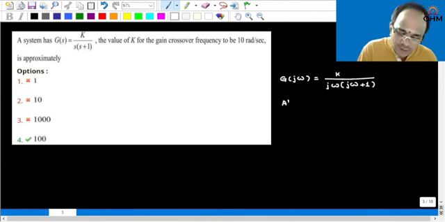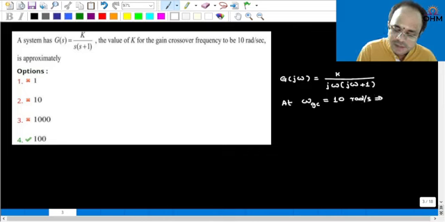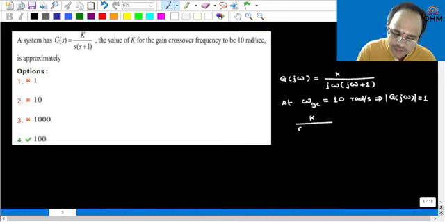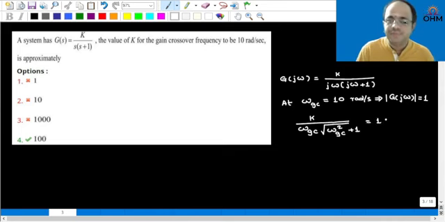As per the definition, the gain crossover frequency is given as 10 radian per second. At this frequency, the magnitude of the transfer function is equal to 1 at gain crossover frequency. Therefore, K divided by omega GC under root omega GC square plus 1 is equal to 1.